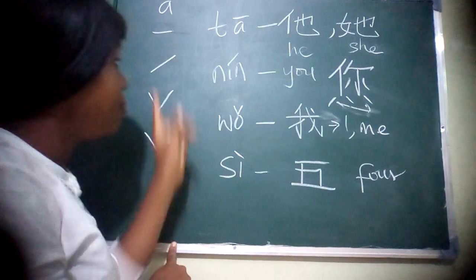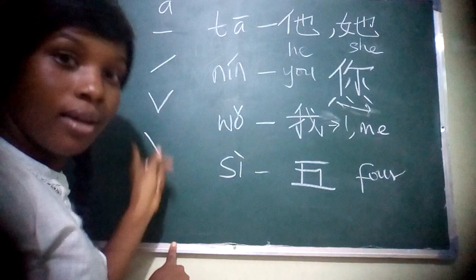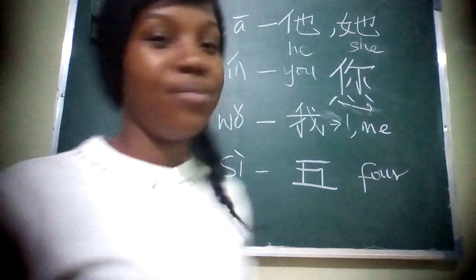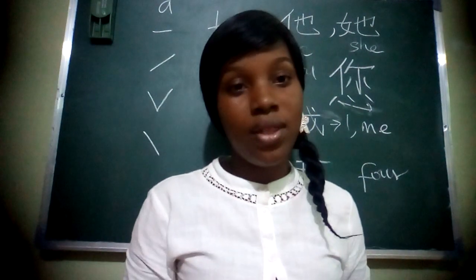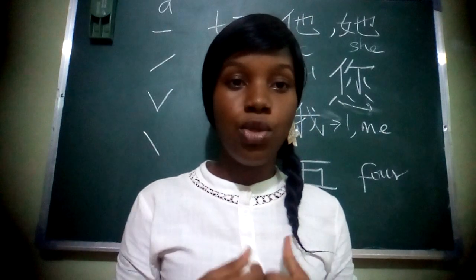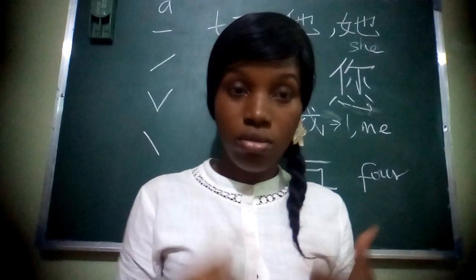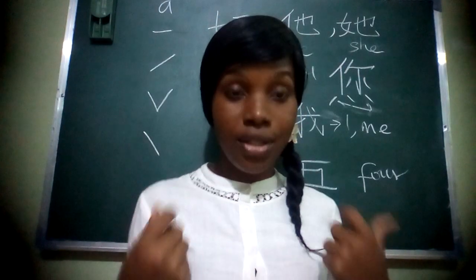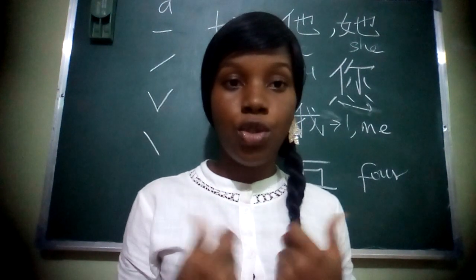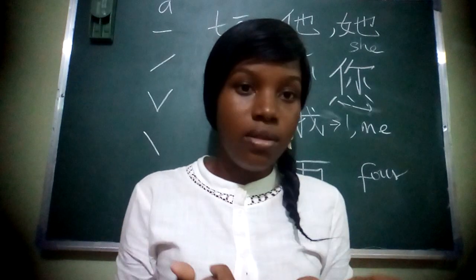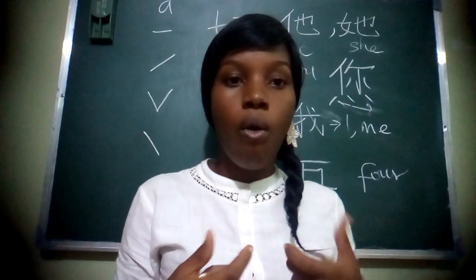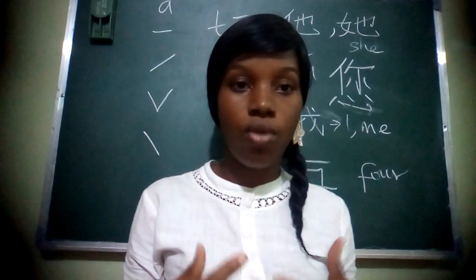Let me say that faster. A, a, a, a. So you can practice with this video. It will help you get used to the tones so that as we go on, when you start learning how to speak Chinese, you don't mix up what you are trying to say, so that the other person won't get you wrong.